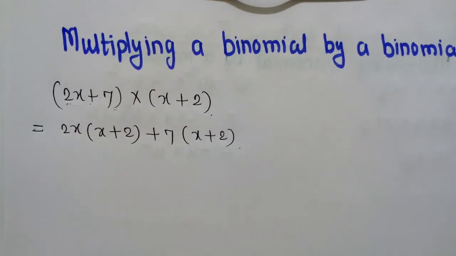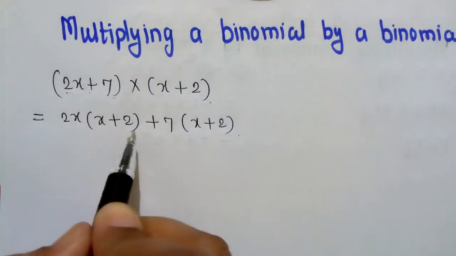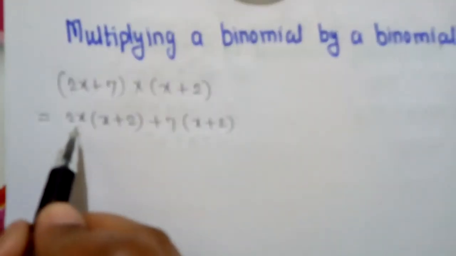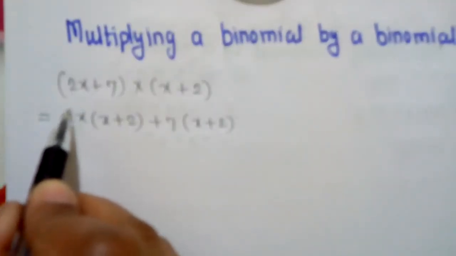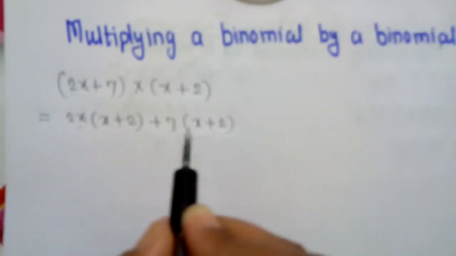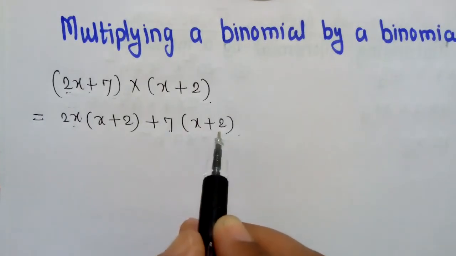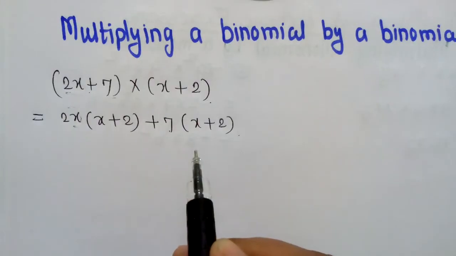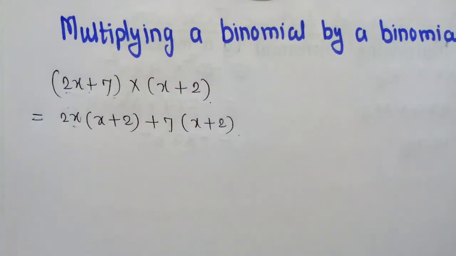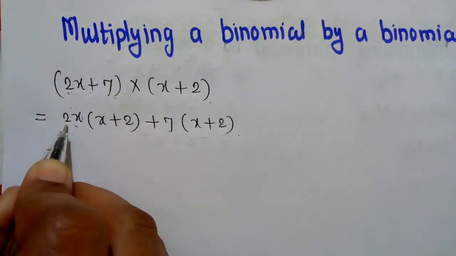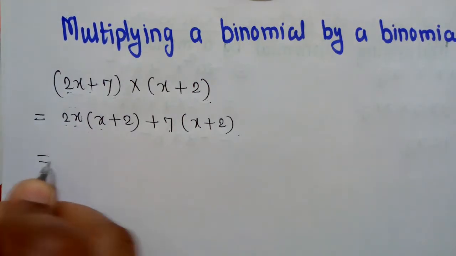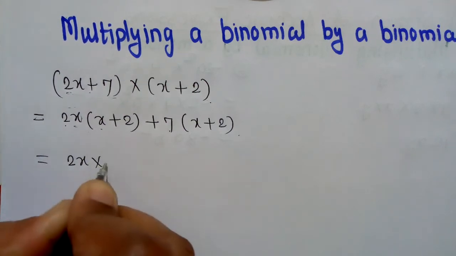Now both expressions we got here. This is multiplying monomial by binomial, and this is also multiplying monomial by binomial, and then we have to multiply. It looks big, but it is very simple. Now we will multiply this 2x by this x. So it will be 2x into x.